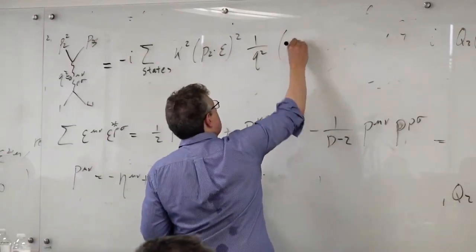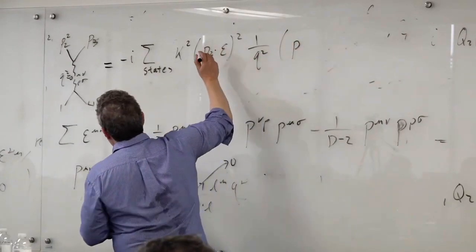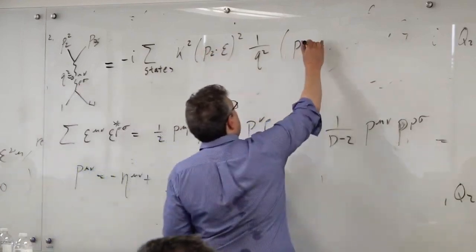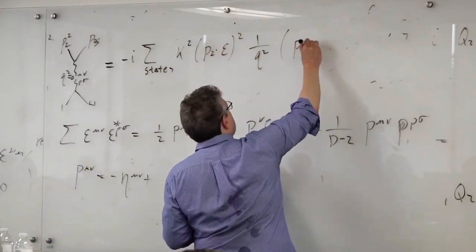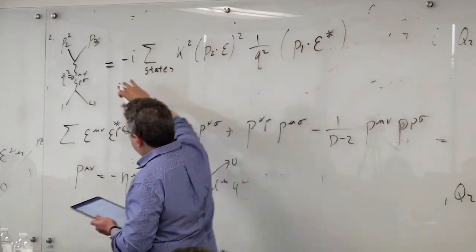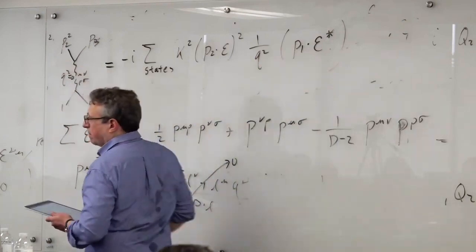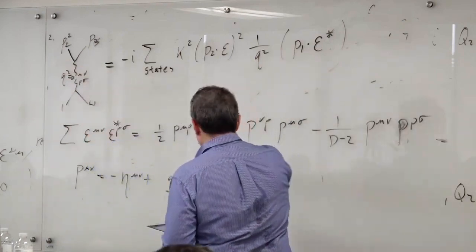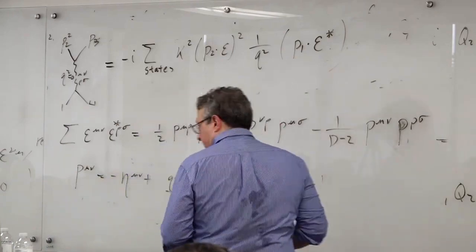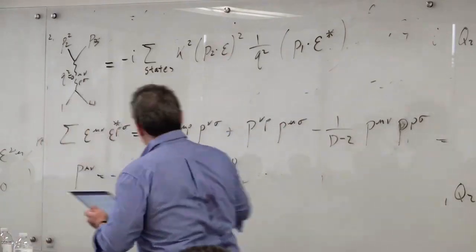And then P1, and this would be epsilon of that. And then I have P1 dot epsilon star, because you're reversing incoming and outgoing on this leg. And here's the formula, the P mu nus or eta mu nus. So the answer is very simple.